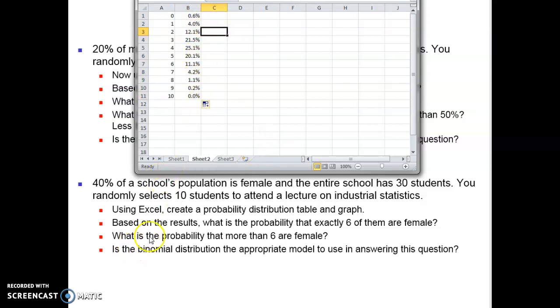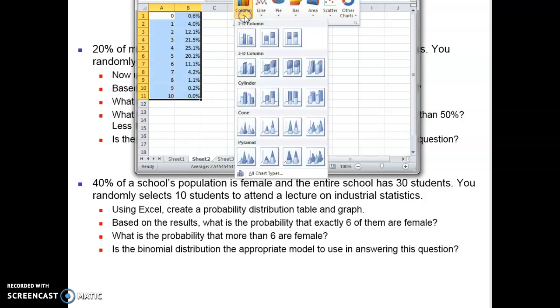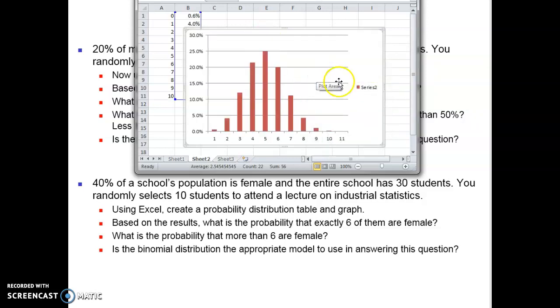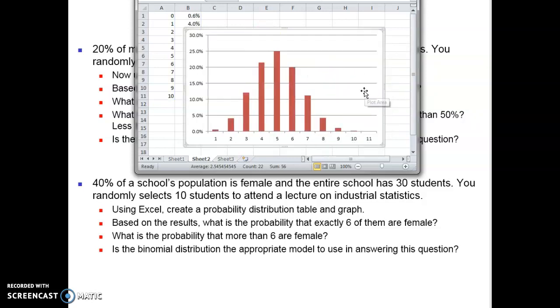Next, it says create a graph. So we're just going to scroll over our data here, insert, charts, column, select the vertical one, and then get rid of the unnecessary bars, get rid of the redundancies.